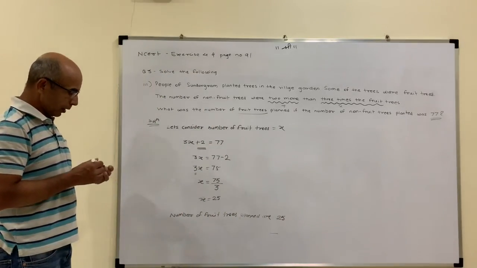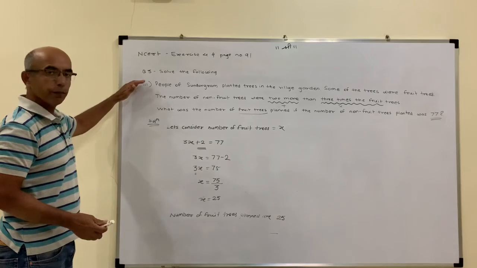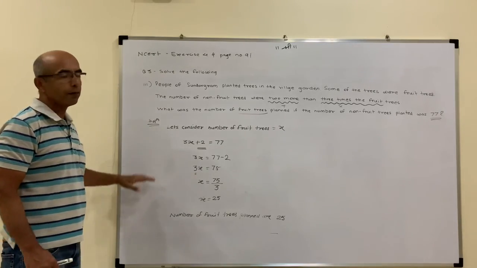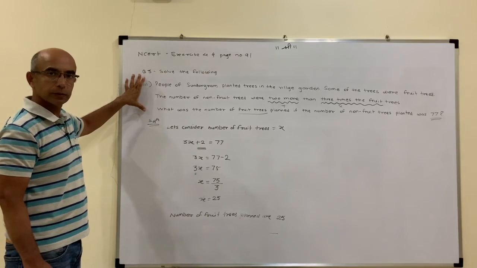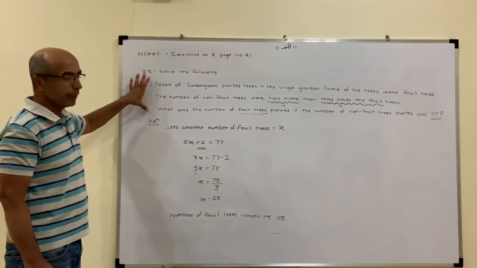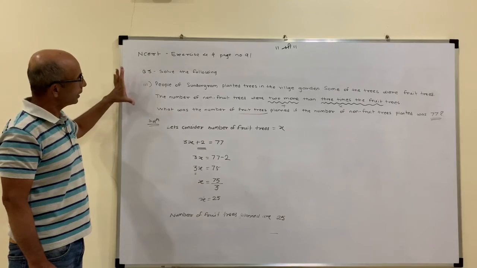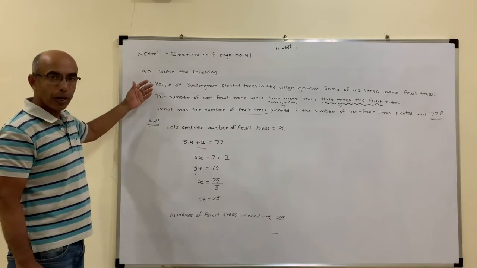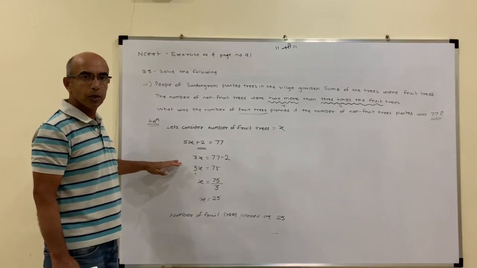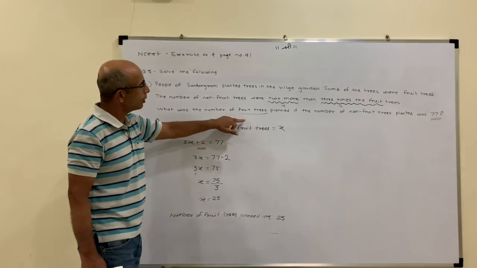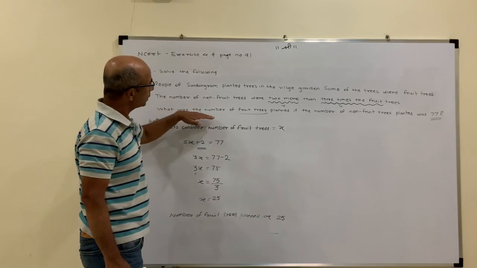So now here again, when you approach this kind of word problem, first you may take a little time to understand, but first you read the problem. When you read it a second time, you try to fetch the important information which is required to solve the problem. So here the important requirement is, what was the number of fruit trees?